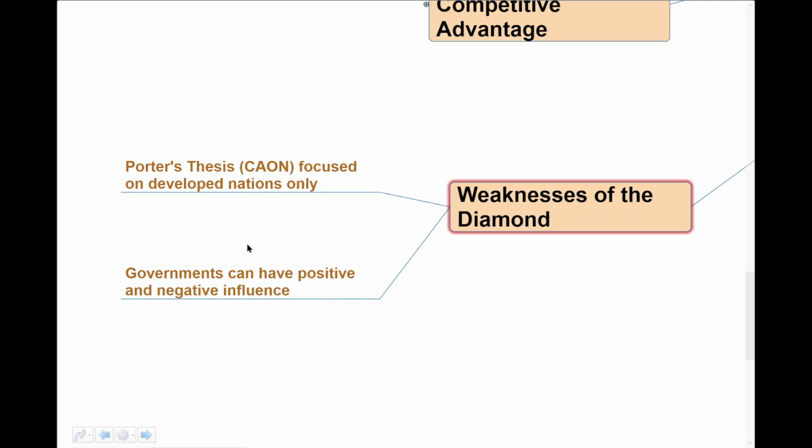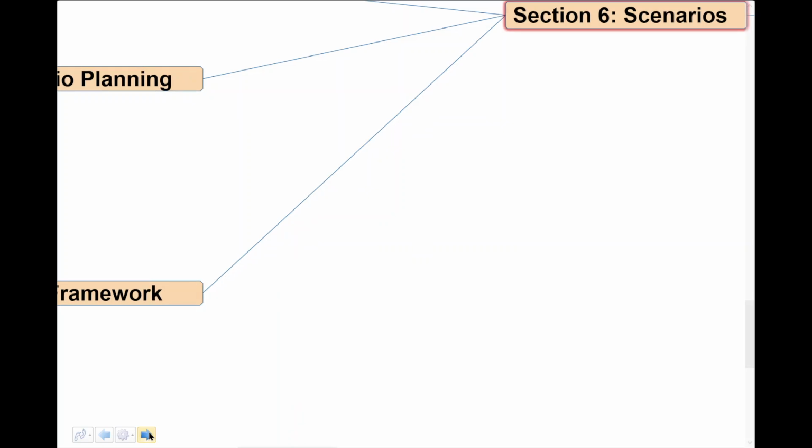Outside of that, as just mentioned up top, governments can do a lot of positive things, tax incentives, grants, zones, etc. But they can also mess things up, and that can change over time. It may well be that a government supports an industry for a period of time, but they can also take that support away. So the diamond isn't bulletproof, that's for sure.